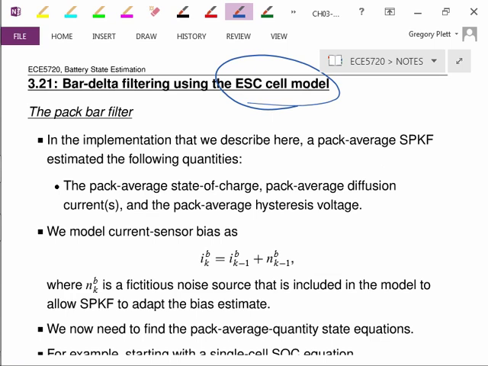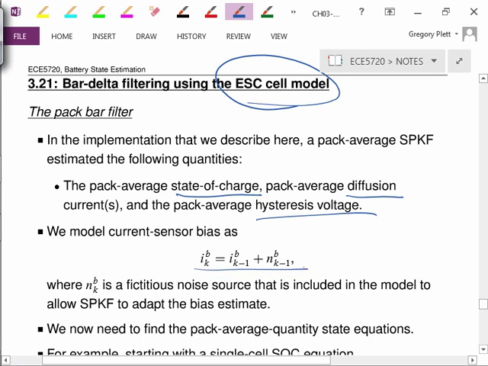We are going to have a state that estimates state of charge and the diffusion currents and the hysteresis voltage. And furthermore, we're also going to include a current sensor bias, such as we described a couple sections ago in our state equation, that allows us to track that for the entire pack as well.